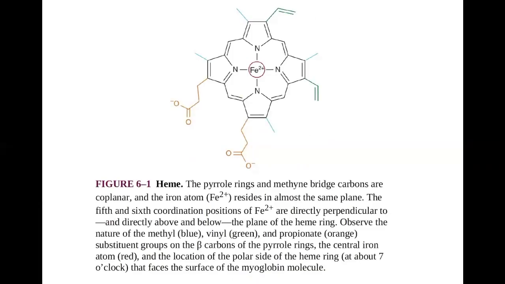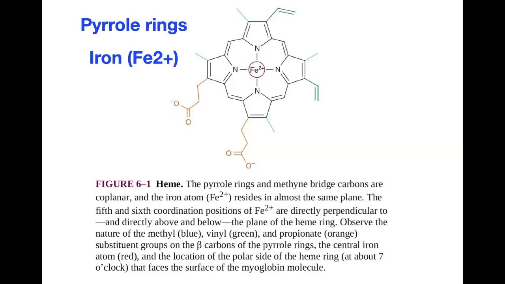This is lifted from your Harper's, showing you the biochemical structure of heme. Now, the good thing is you don't have to memorize it. However, I want everyone to remember the following. Number one, we have the pyrrole rings, and we have the iron, or the Fe2+, which is found there.